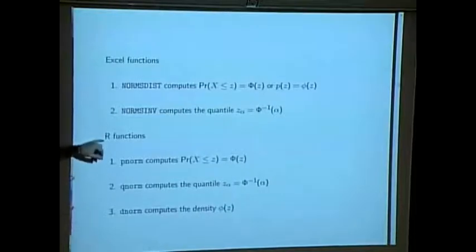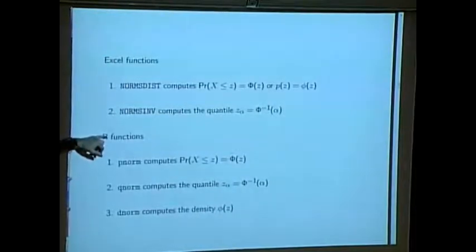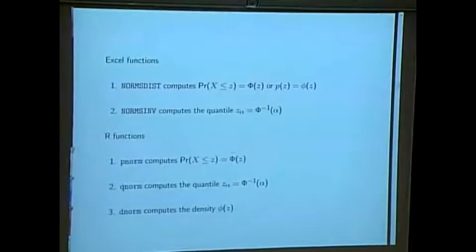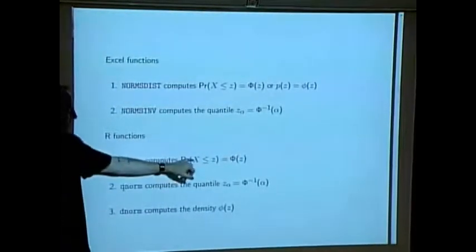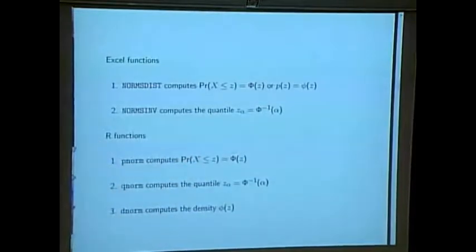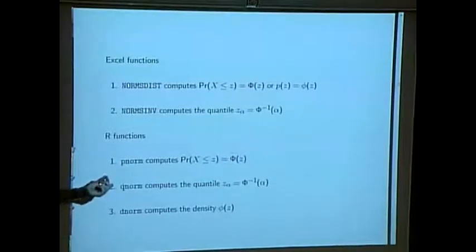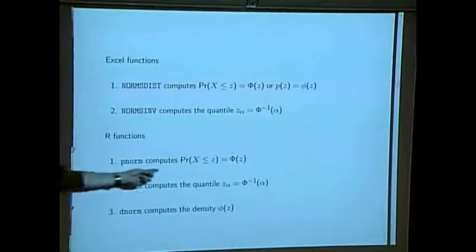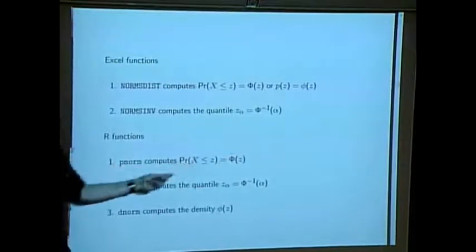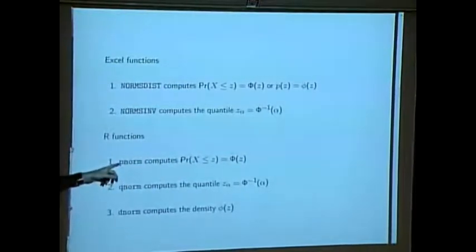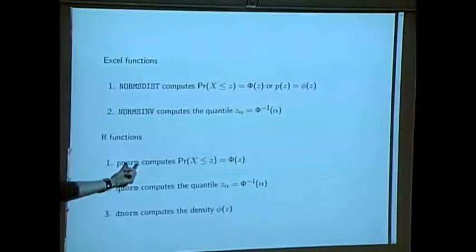And in R, there are functions for doing computations with the normal distribution as well. So in R, there's a function called pnorm that calculates the probability that x is less than or equal to a given value. Now in R, when you work with distributions, the functions for any distribution all have the same terminology. When I want to calculate probabilities from a random variable, you use a function that starts with p, and then there's an abbreviation for the distribution.